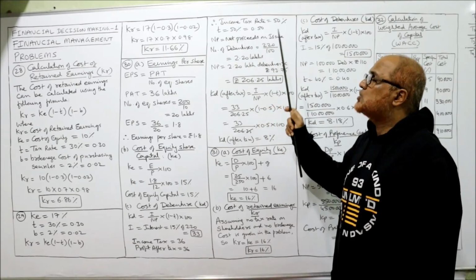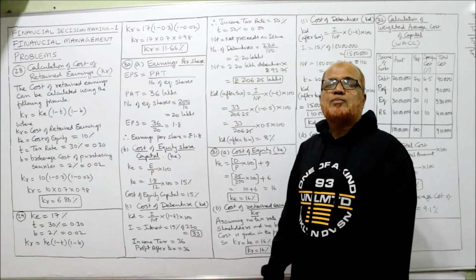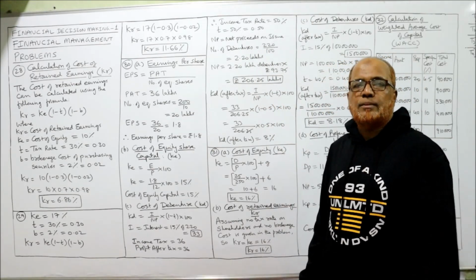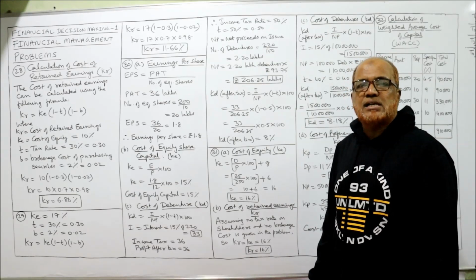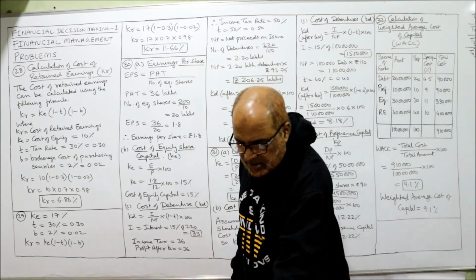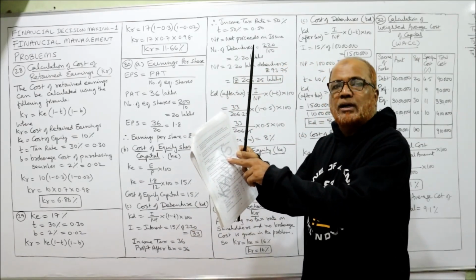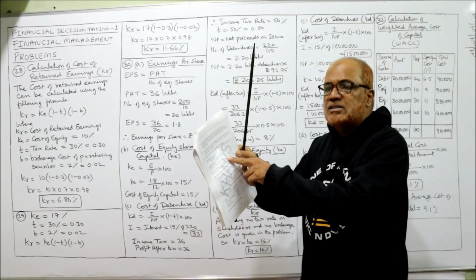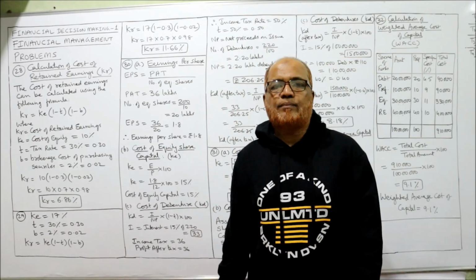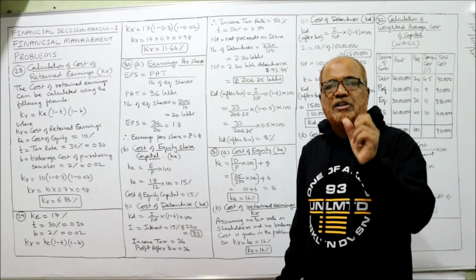Now net proceeds on issue we have to find out. Actually, how many debentures are there? The total debentures are 220 lakhs, and the face value of each debenture is 100.